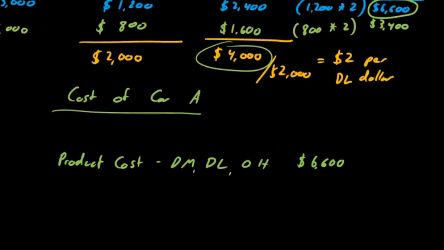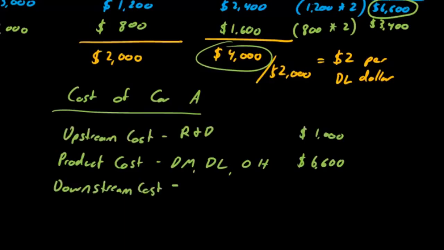What I mean by this is that if you think about the cost of car A, we know that the product cost is 6,600. So our product cost, which is our direct materials, our direct labor, and our overhead, is 6,600. But it's going to cost more than just the product cost. That's the cost of producing the car.